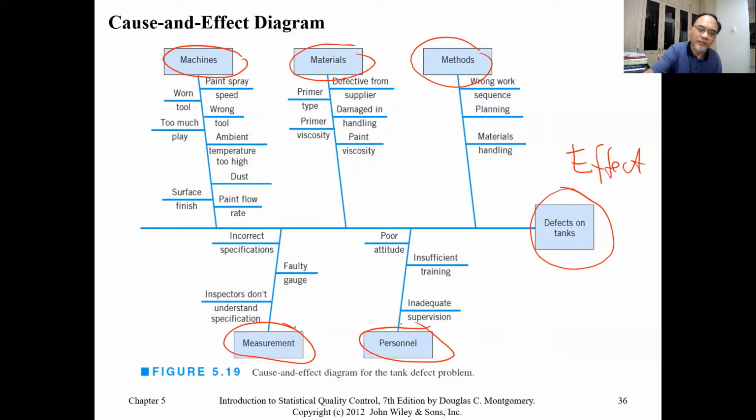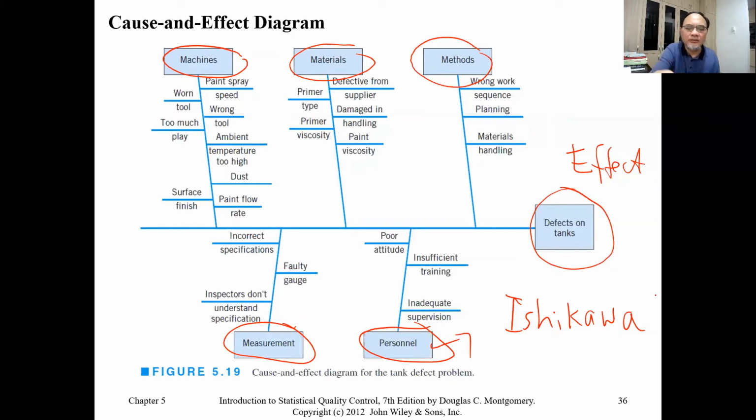Normally we use the factors for production: man, machine, method, materials. Well, you can change that to environment if you want. Personnel, if it is a university setting, you can change this to the lecturers. It is also known as the Ishikawa diagram, named after Kaoru Ishikawa, one of the famous quality gurus. And you can brainstorm. It is so powerful.